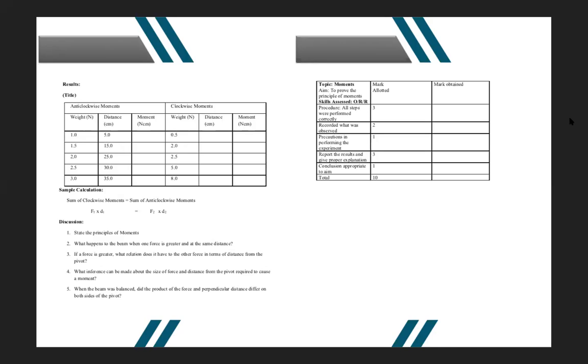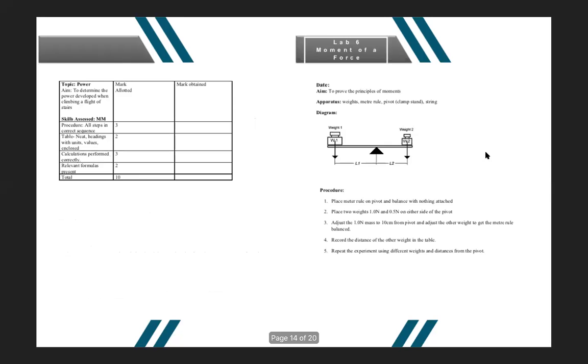So for the table, let me see if I have a table here. Wait, let me see about the diagram. So we put a heavier one on this side. We should make some changes for this one as well. Let me just go back to this. We're almost through. We're at lab 6. We're almost done.